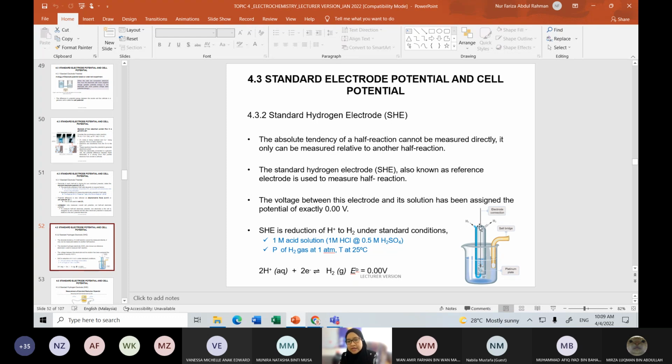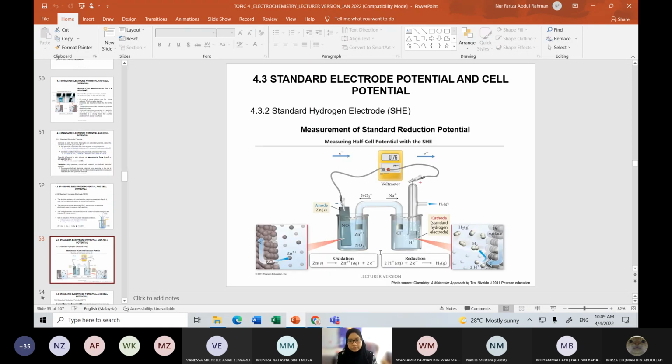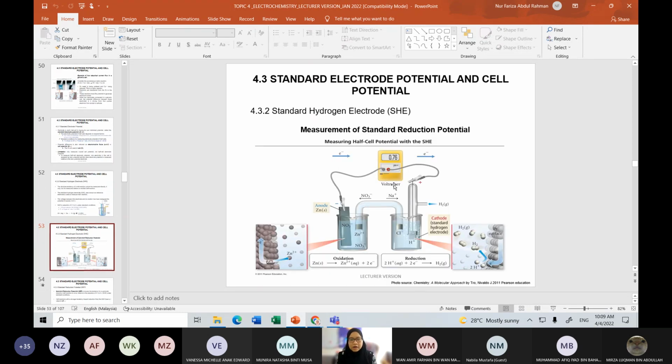Then you need to have a test tube, the inverted test tube immersed into the solution, and you have the inlet and also outlet. The solution should be H+. Normally we would use 1 molar of HCl or 0.5 molar of H2SO4.